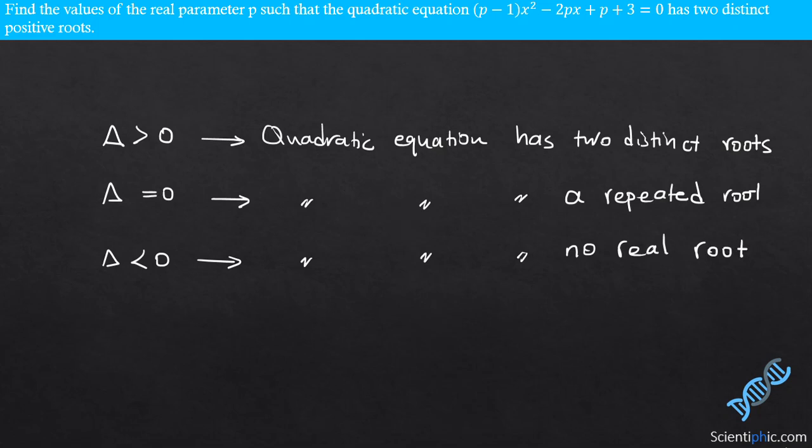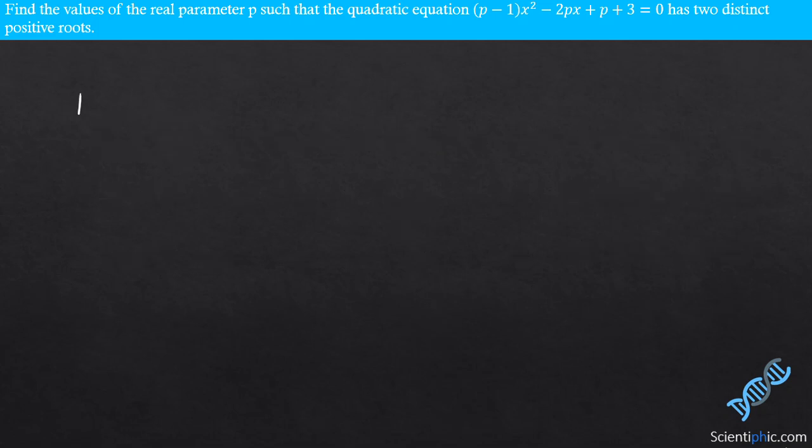Here we are interested in the case when we have two distinct roots, basically when the discriminant is greater than 0. So we are gonna find the discriminant of this equation. I'm gonna rewrite this equation: (p minus 1)x squared minus 2px plus p plus 3 is equal to 0.